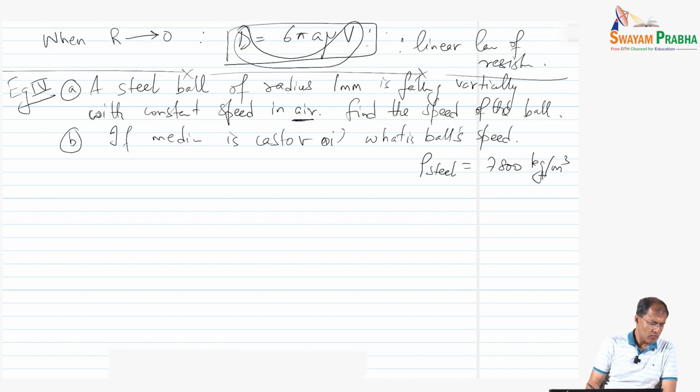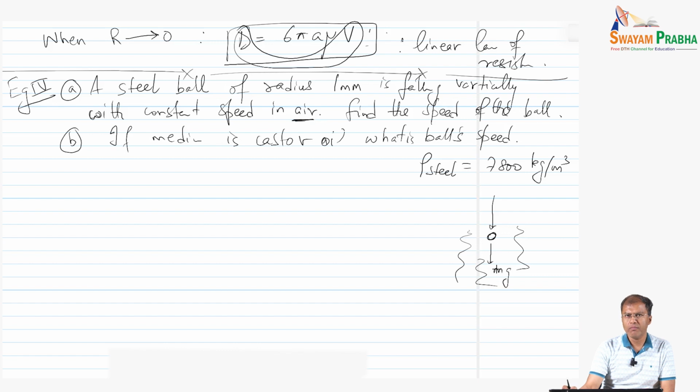So what we have is, notice that if the ball is moving down in a medium which is, let's say, air or any fluid, then the ball is being driven by its weight, right? But when it is being driven by its own weight, it is also displacing the fluid.